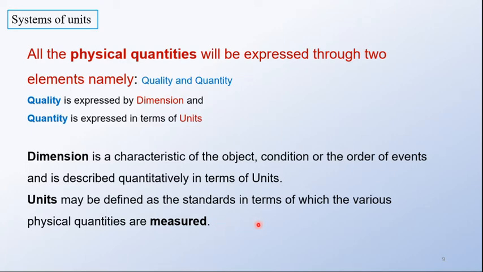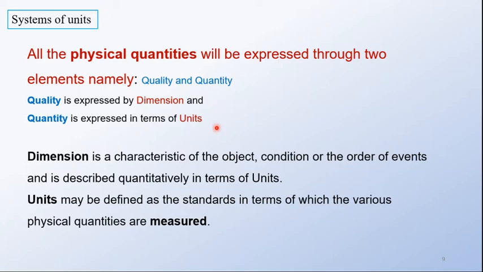Or in short, what physical quantity you want to talk about: if the answer is given, then you'll be talking about a dimension. What is it that you want to know? What is it that you want to measure? For example, length, area, mass. So these are nothing but dimensions.